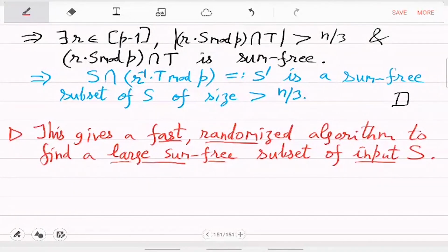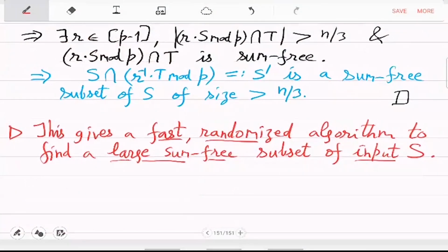Okay, so that finishes our third example, and we don't have much time.